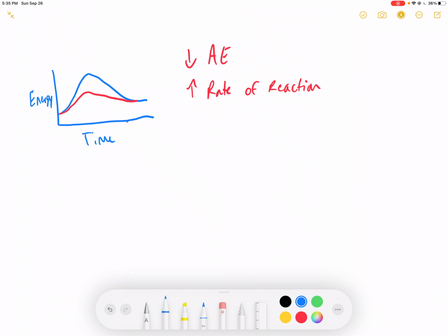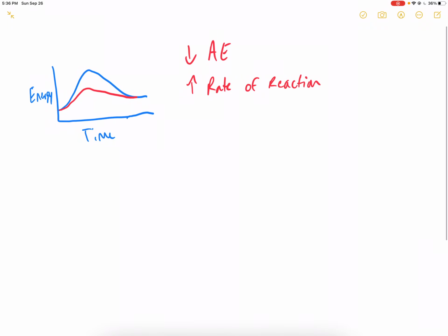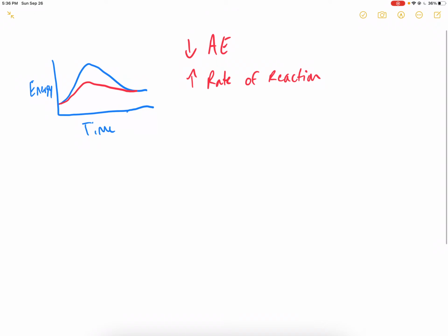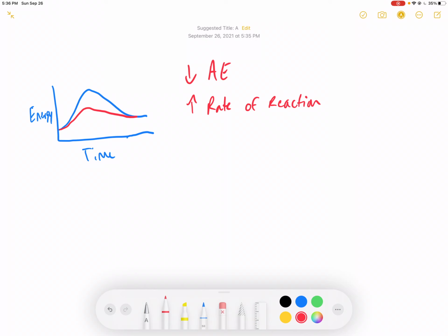Now, from here, again, we decrease the amount of activation energy. Activation energy is the amount of energy required for the reaction to occur. So the red is for without an enzyme.